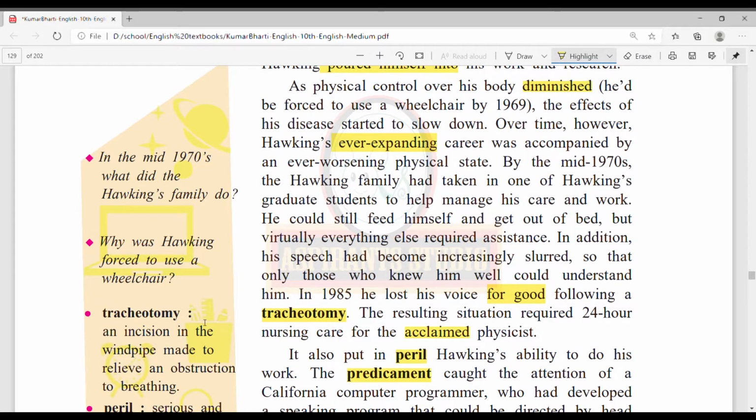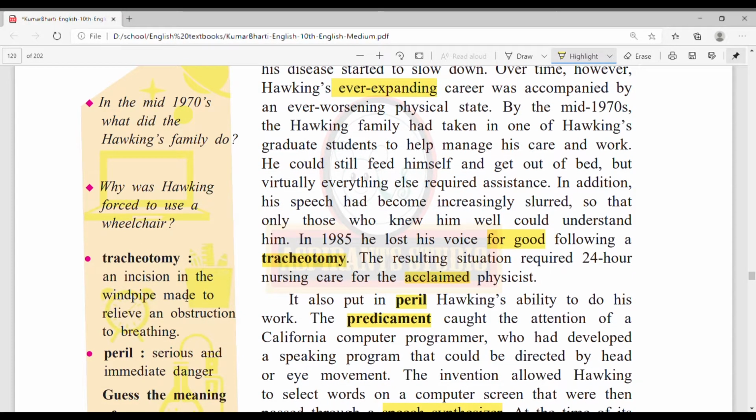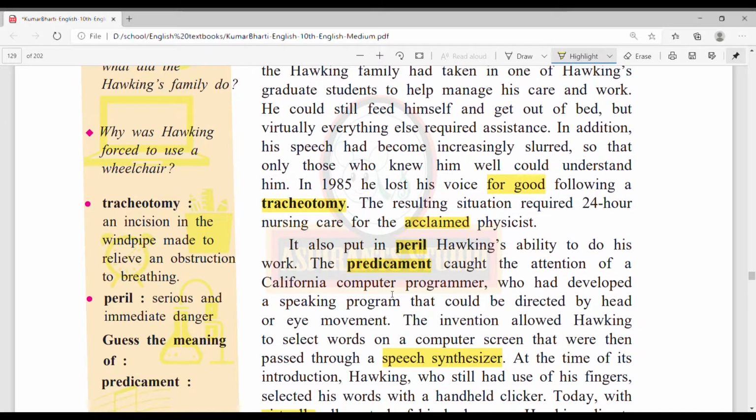Tracheotomy means an incision in the windpipe made to relieve an obstruction to breathing. Acclaimed means popular. Peril means serious and immediate danger. Predicament means a difficult situation.